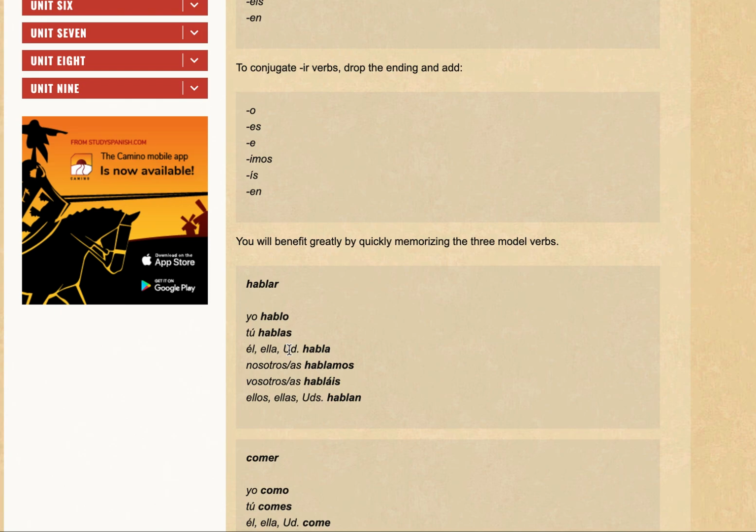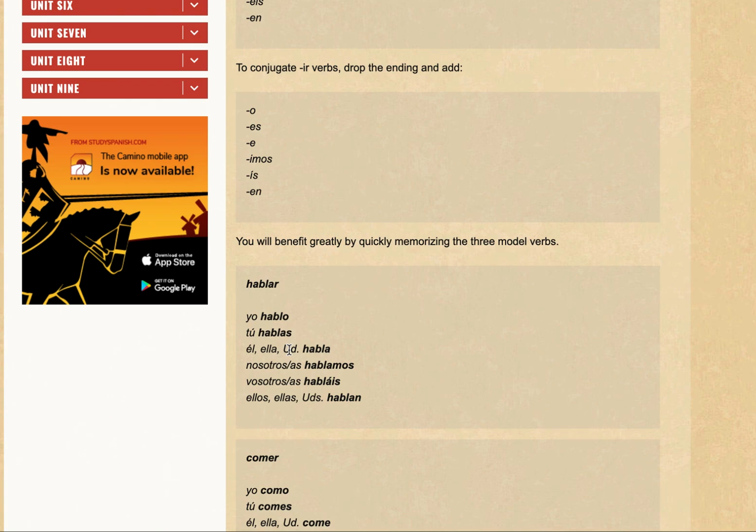So basically, for ellos and ellas, the rule is that you either add an an or en, and the reason you're choosing n is because n precedes o in the order of the alphabet, right? So that's why we use an. I mean, that's just a way to remember it, right?